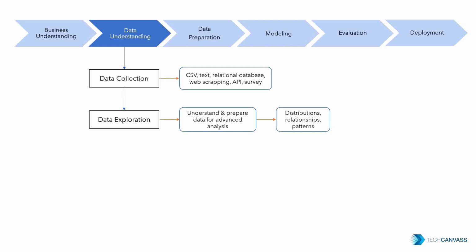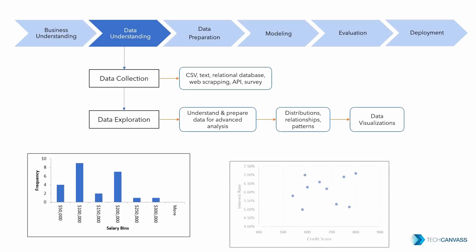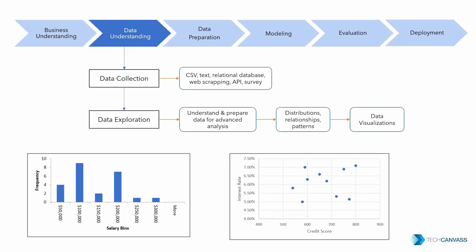For example, we can use a histogram for annual salary distribution and see the range where most of the salaries in our dataset fall. Or a scatter plot of the relationship between credit score and interest rate. Using this, the data scientists understand patterns that enable them to decide which machine learning technique is likely to perform better.